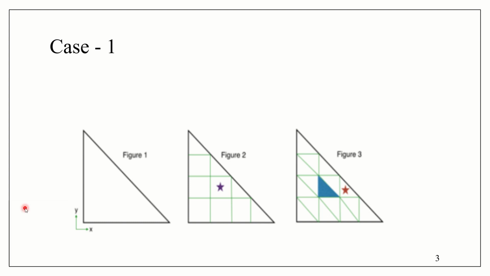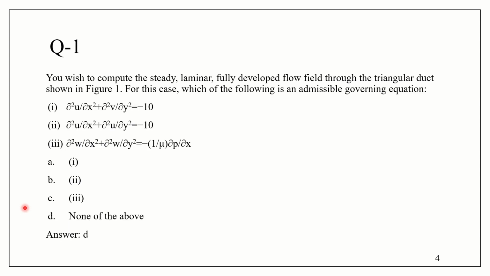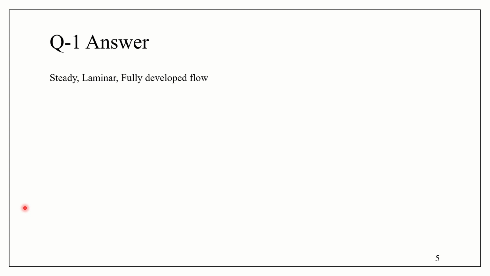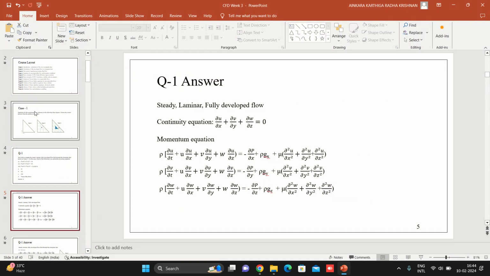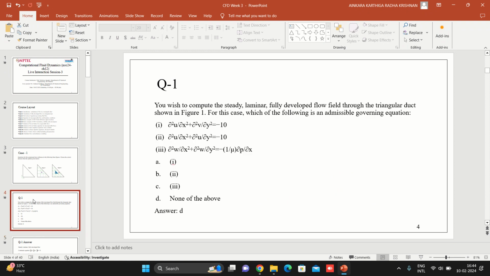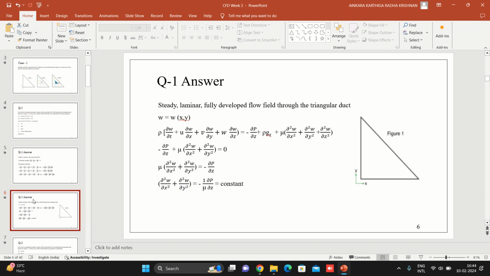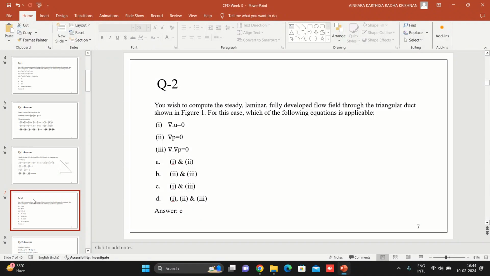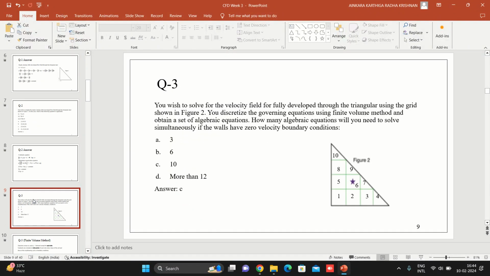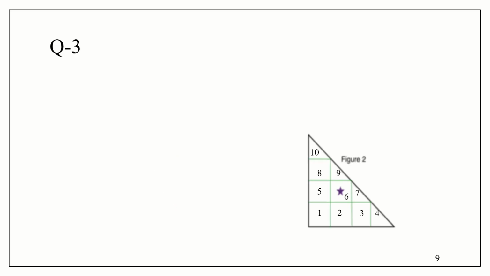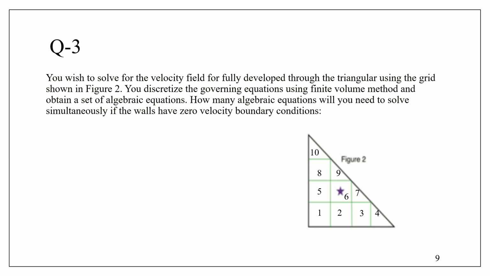So these are the three cases we have seen, and it was about governing equations in a few problems that I would skip for now, because I hope we are clear with that. And the new thing we saw is the solution, or how many algebraic equations we need to solve, like how we have discretized the equations for the cells by using the finite volume method.